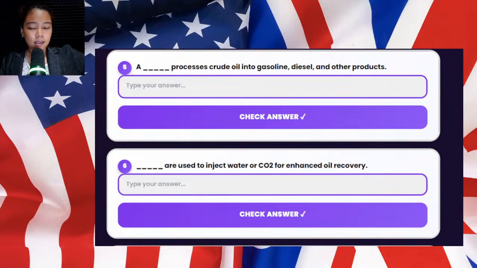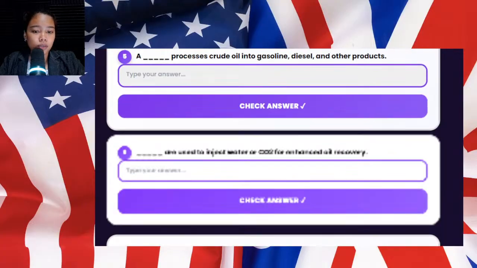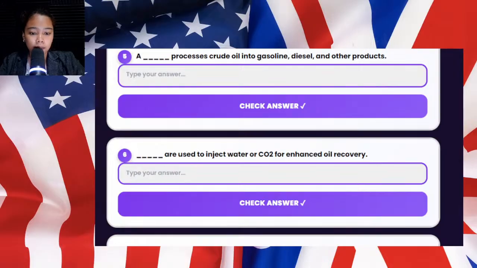Again, the sentence is: A blank processes crude oil into gasoline, diesel, and other products. Since we're using the article "a," the answer should start with a consonant. Quite the opposite of number 4. So, what should be our answer here? What do you think?